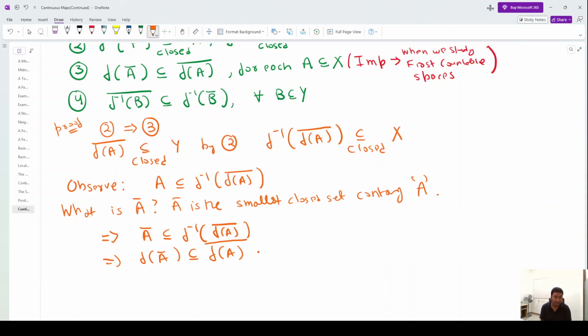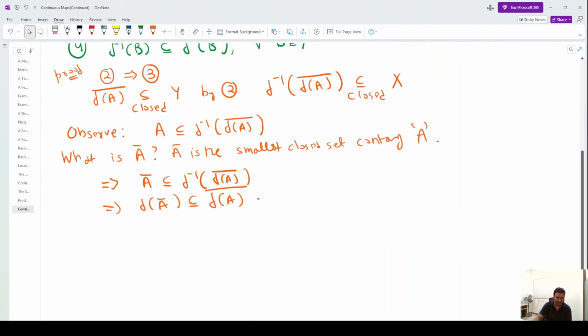You have to prove it, I'm not proving it, and the rest of the theorem will follow similarly. But please always remember this property because it comes in very handy in many situations. I will use it when we study first countable spaces. All right, let us move further.